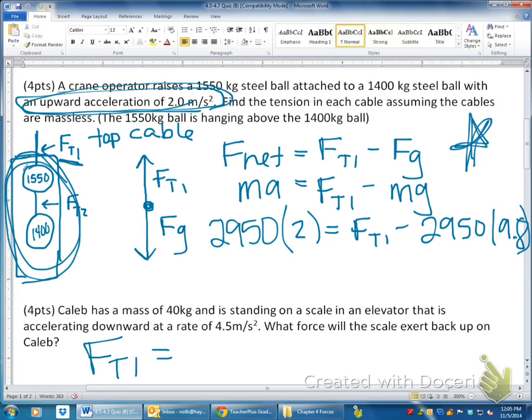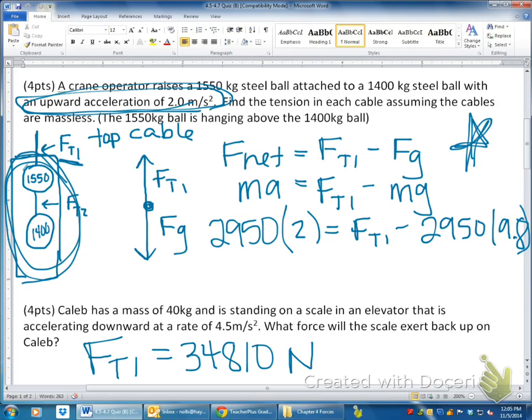What did we get for our force of tension in the top cable? 34,810. And what unit do we need to use for this? Newtons. Why do we use newtons as our unit? Exactly, because we're solving for a force. So whenever we need to solve for a force of something, our units has to be newtons.